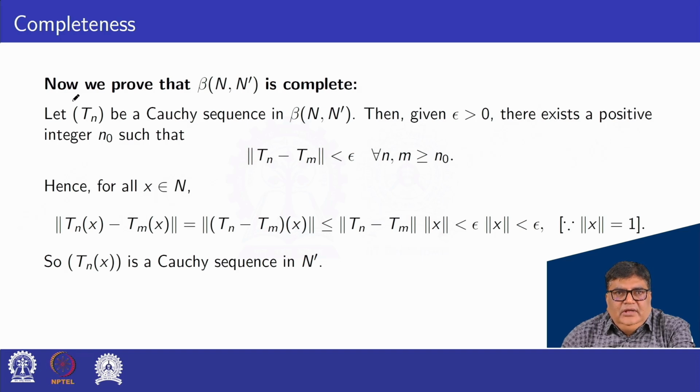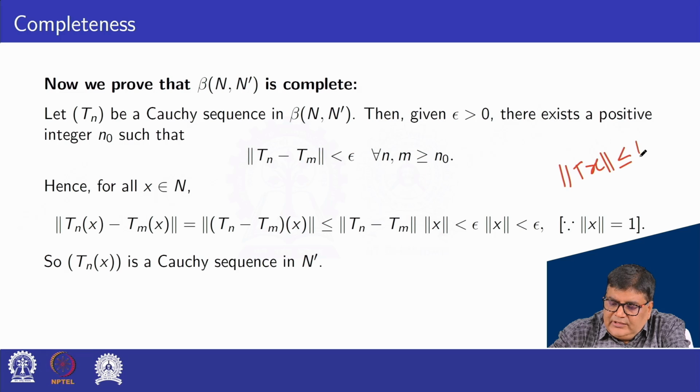So norm of Tnx minus Tmx can be written as norm of (Tn minus Tm)x. Here Tn is a Cauchy sequence in B(N, N'), which means Tn is a bounded linear transformation. We know that if T is a bounded linear transformation, then norm of Tx is less than or equal to norm of T times norm of x.